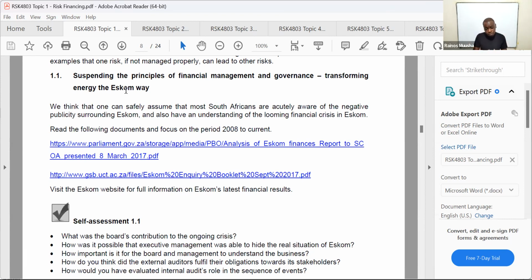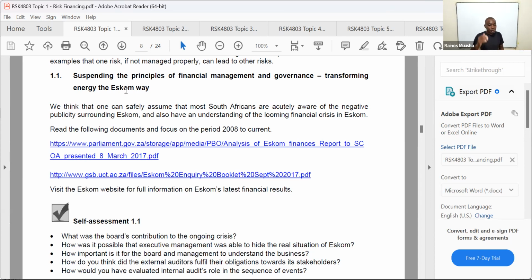Because what they usually do is give you information on a case study, and then based on the information given, they expect you to answer questions from a risk financing perspective. So for application purposes in practice, that's why they are giving you these case studies in study unit 1.